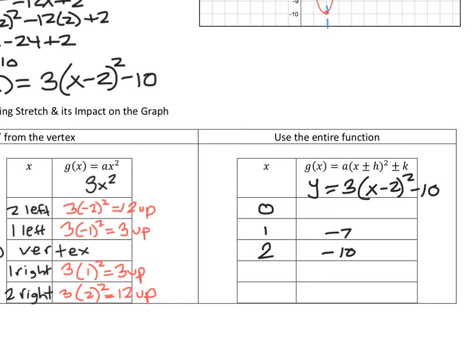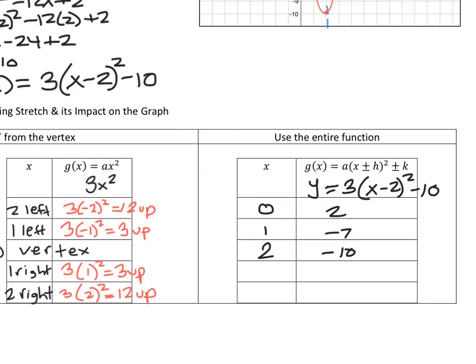If I substitute in 0 here, we already know that -2 squared is 4, and 4 times 3 is 12, and 12 minus 10 is 2.